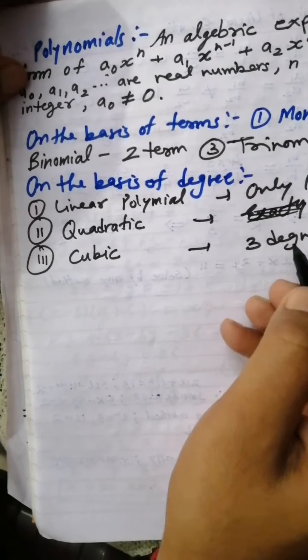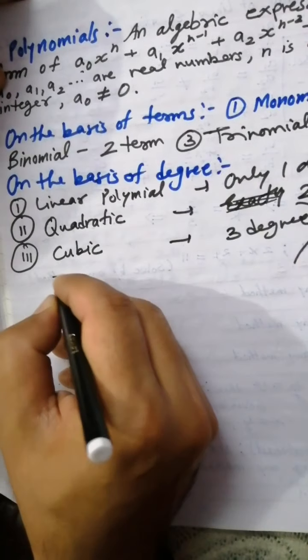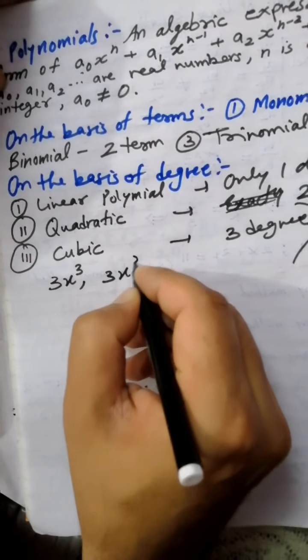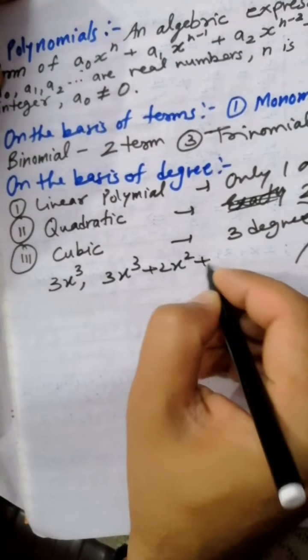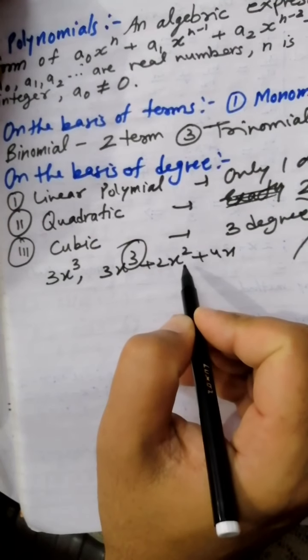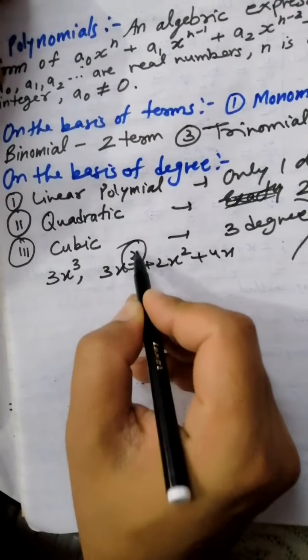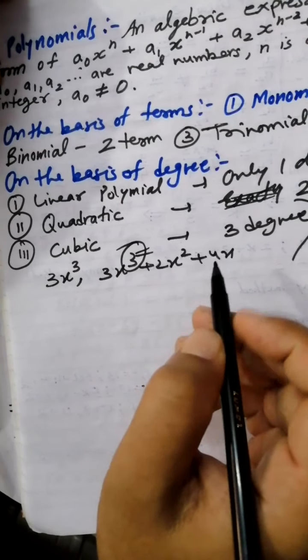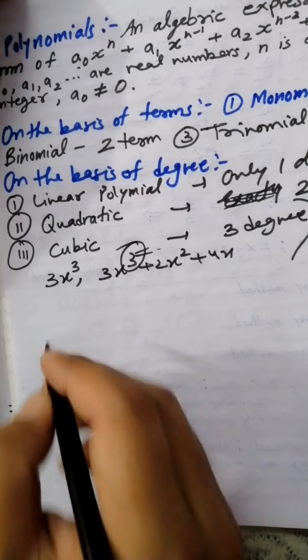Like 3x cube, it is also cubic. 3x cube plus 2x square plus 4x is also cubic, because the maximum power of the polynomial is 3. So we can say it is a cubic polynomial, degree 3.